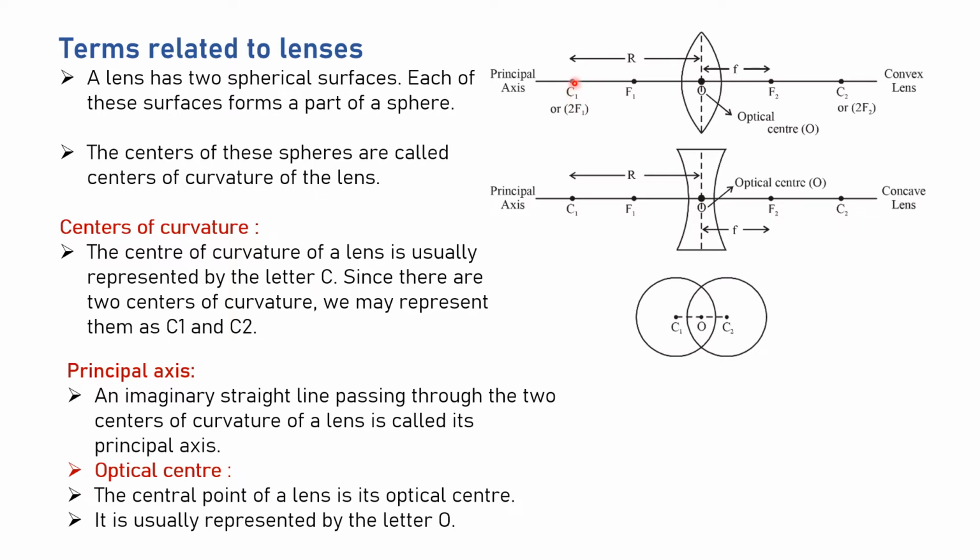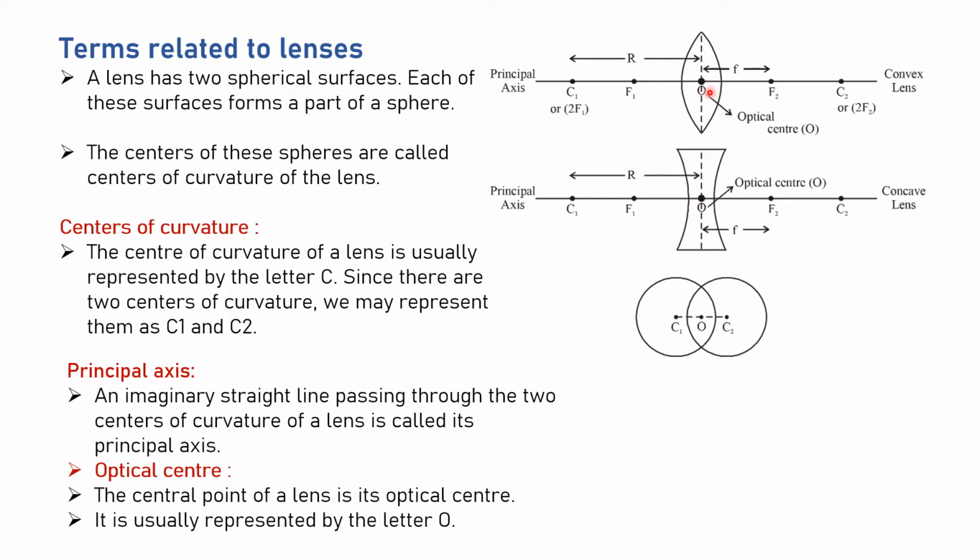The center of this lens is the optical center, and it is denoted by the capital letter O. The distance from O to C is known as the radius, and the distance from O to F1 is known as the focal length. In case of a convex lens, I will be considering the distance between O and F2 as the focal length. Children, here you should pay more attention.